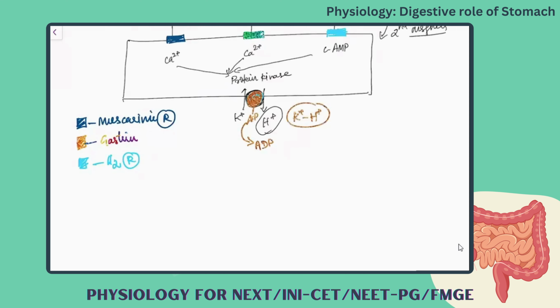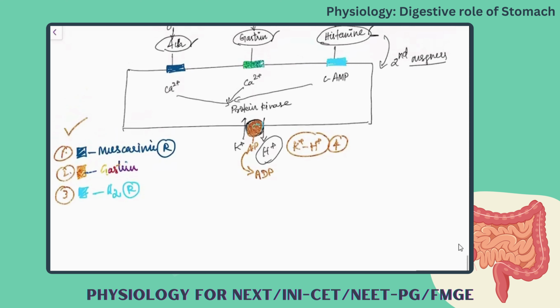Now these four regions, 1, 2, 3, 4, are controlled by blockers. These are all the receptors which are present. Which one is going to block which receptor? We will see now.